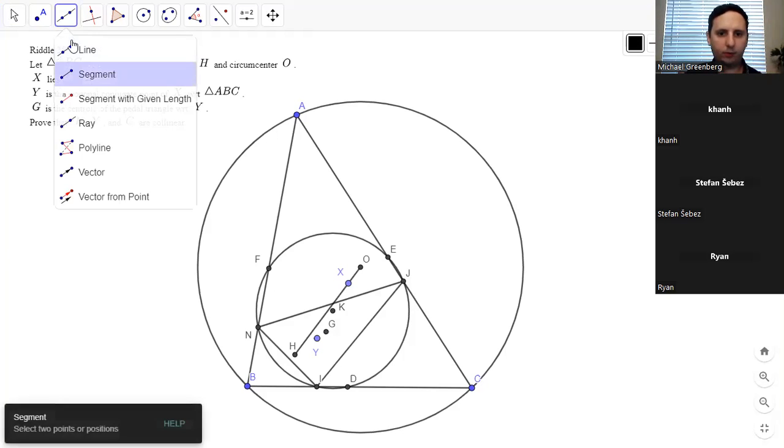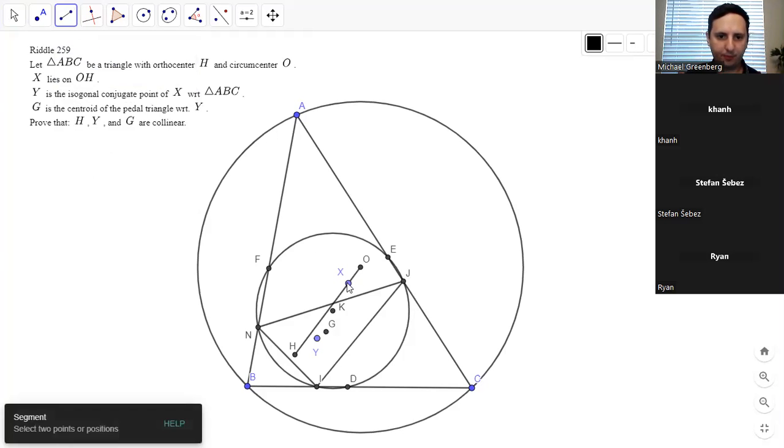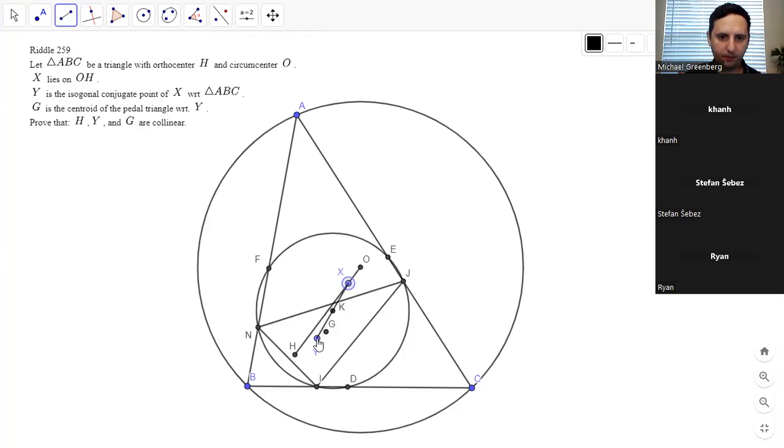So yeah, I don't know if it's worth drawing this segment right here. So basically for any point that's the isogonal conjugate of something on OH, then H, Y, and G are collinear. I wonder if we can state it in the reverse.